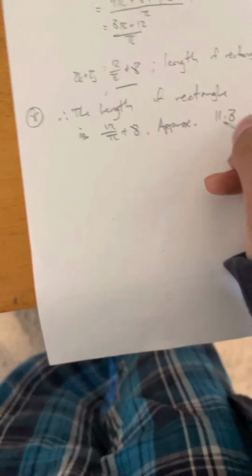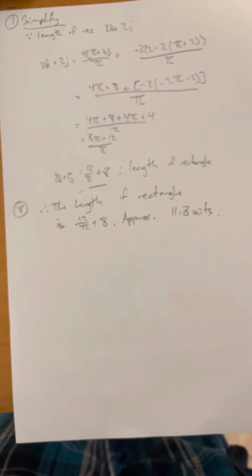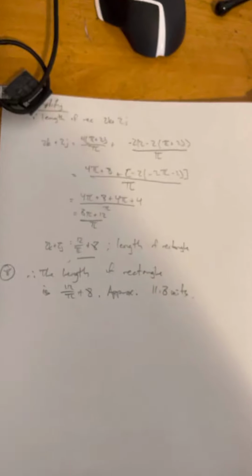I already solved for it. They wanted an exact value, but I'll approximate it to 11.8 units since I've already given them the exact value. 11.8 units approximately as well. But yeah, this is our length. Thank you, and goodbye.